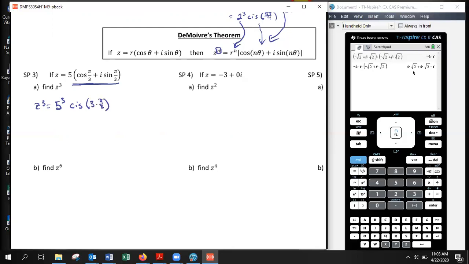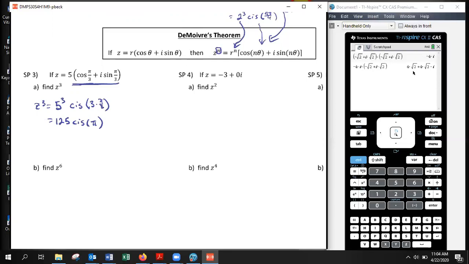So 3 times pi over 3, and 5 cubed is 125, cis of pi. Now, this is going to be our standard that if we end up with an angle that we know, we do want to convert that polar form into rectangular form, just because it gives us more of a context of what we're familiar with while still linking the polar ideas together.